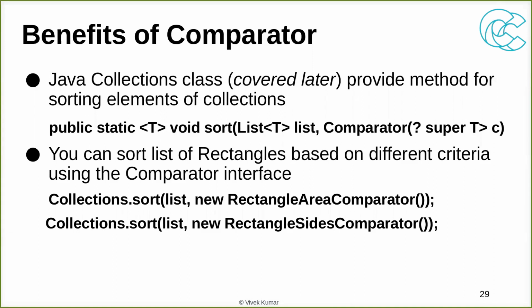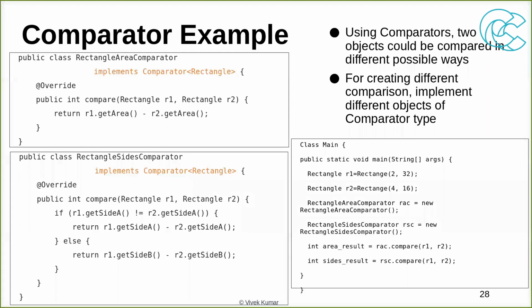Sir, it might be the case that when implementing a comparator, we need to provide the class for which we are implementing the comparator, and if we are implementing the comparator inside that very class, then I think it might not be defined. Can you show once the definition of Comparator? Here it is simply implementing the Comparator interface of type Rectangle.